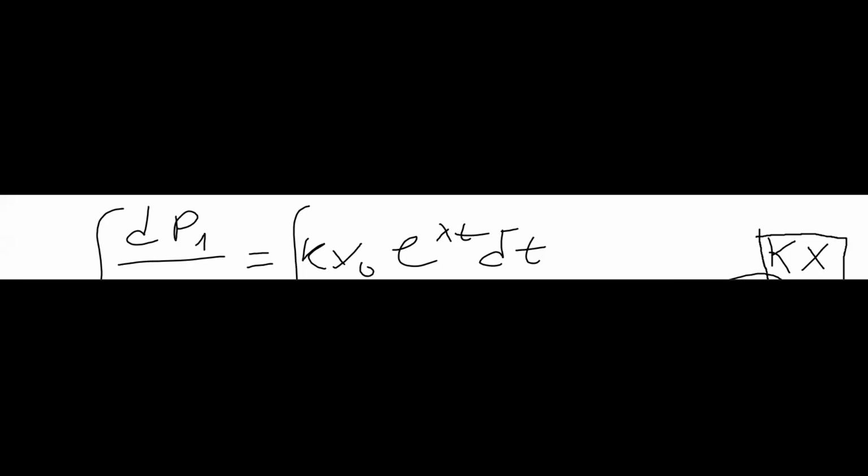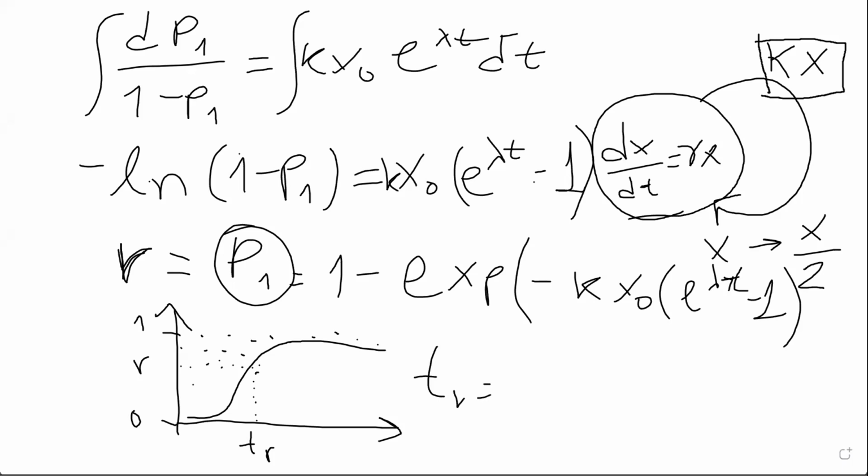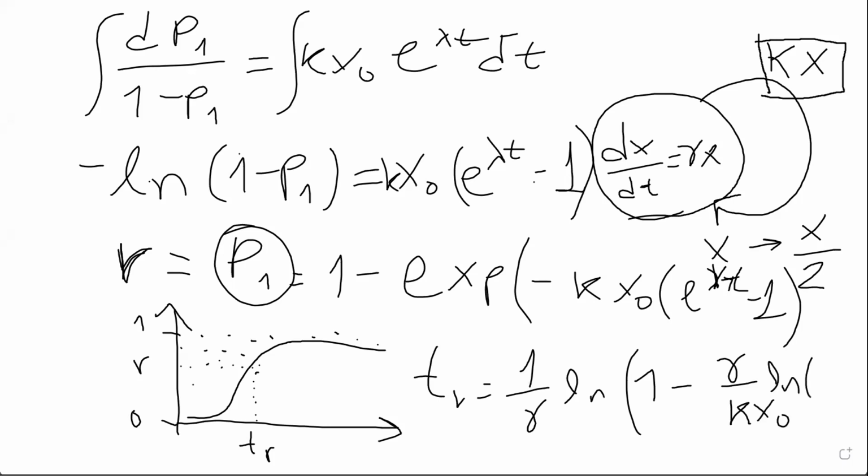Okay, so the solution is going to be: time of reaction is 1 over gamma, logarithm of 1 minus gamma over k x0 times logarithm of 1 minus r.